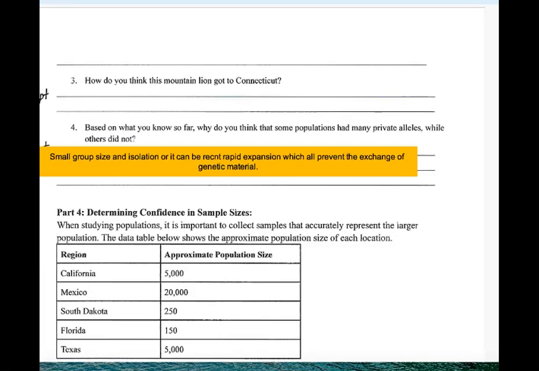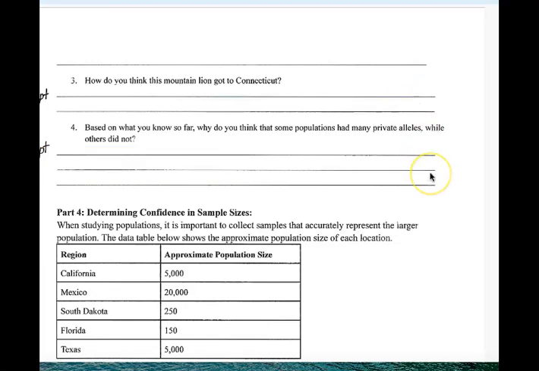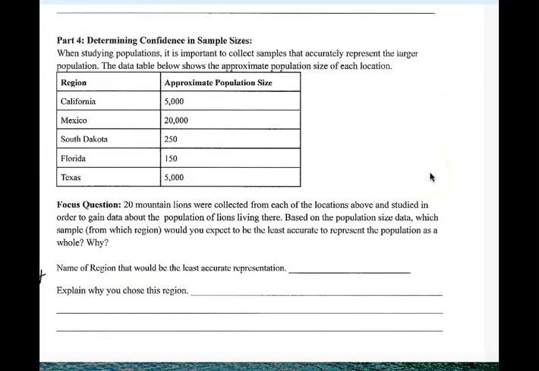Okay, and there's one more question. When studying populations, it is important to collect samples that accurately represent the larger population. The data below shows the approximate population size of each location.